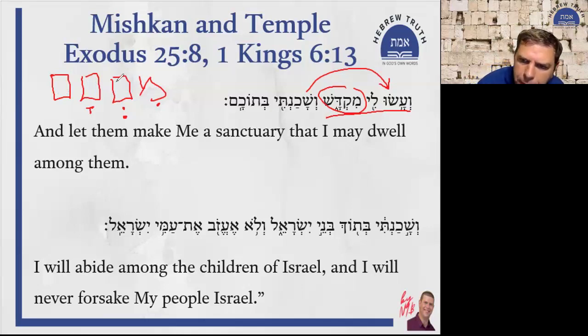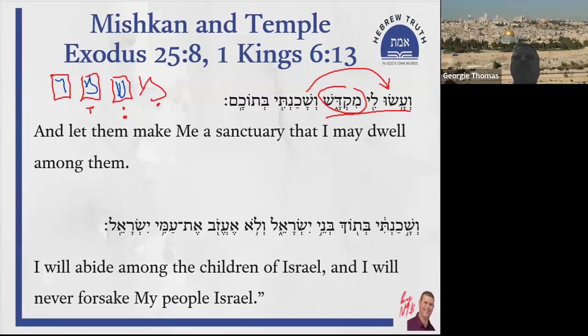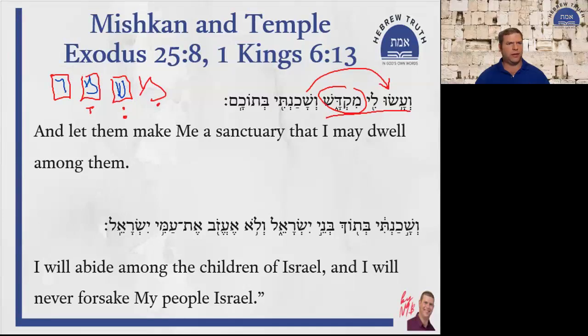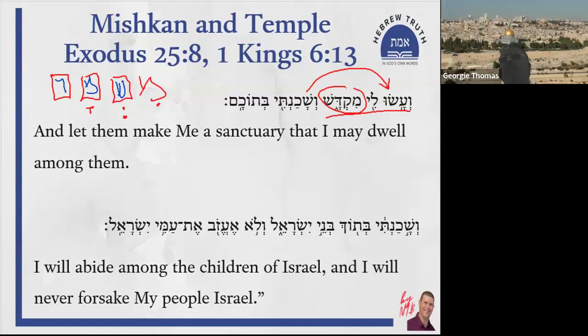Mishmar, let's say. The word Mishmar, what is the root of the word Mishmar, guys? Shamar, right. What is the meaning of this root? Guard, right.